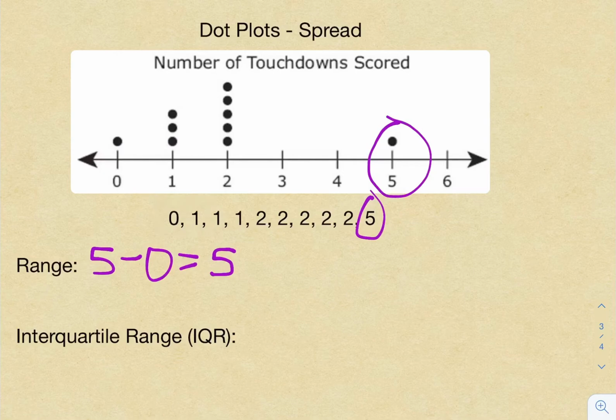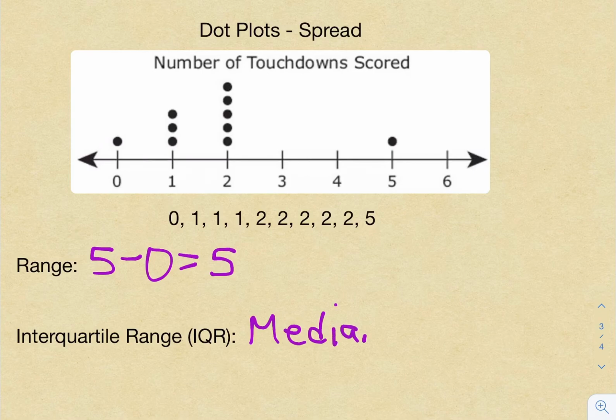Okay, now our interquartile range. To find our interquartile range, what is the first step that we need to do with our data? The first step is to find the median of the data. We found that in a previous slide, but just to remind, we go to the middle, and like we said earlier, our median equals 2.